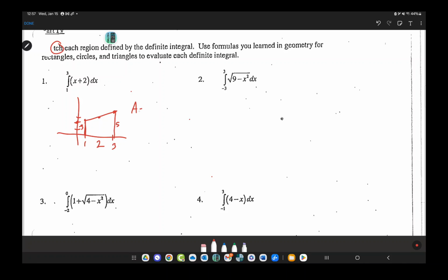So area is equal to 1/2 the height times base 1 plus base 2, which is 1/2 of 2 times 3 plus 5, which is 8.